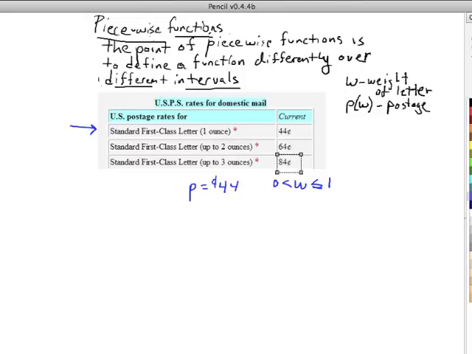As soon as we get beyond 1 ounce, up to 2 ounces, if the weight is greater than 1 ounce, up to and including 2 ounces, we are at 64 cents.